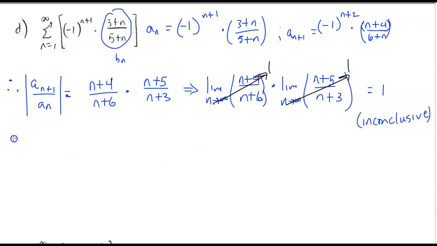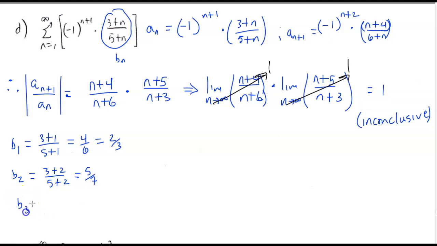So here, let's say our b1 is going to be 3 plus 1 over 5 plus 1, which is going to be 4 over 6, 2/3. Our b sub 2 is going to be 3 plus 2 over 5 plus 2, which is basically 5 over 7. B3 will be 3 plus 3 over 5 plus 3, and that will be 6 over 8, or 3 over 4.